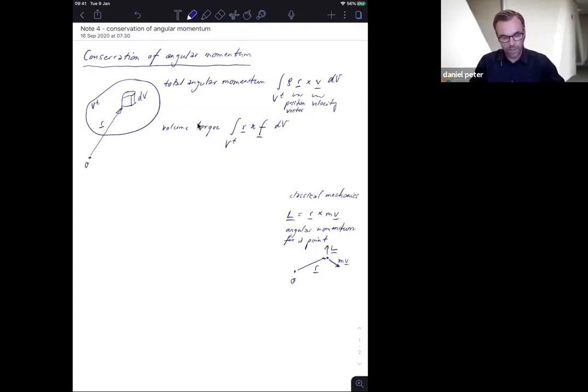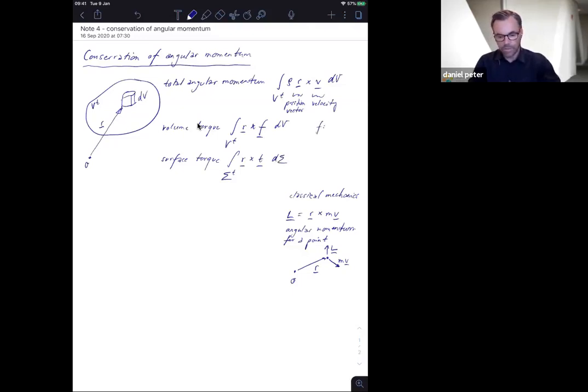And there's a surface torque induced by the traction acting on the surface sigma, the cross product of r times t, where t is the traction, integrated over dV and dSigma.